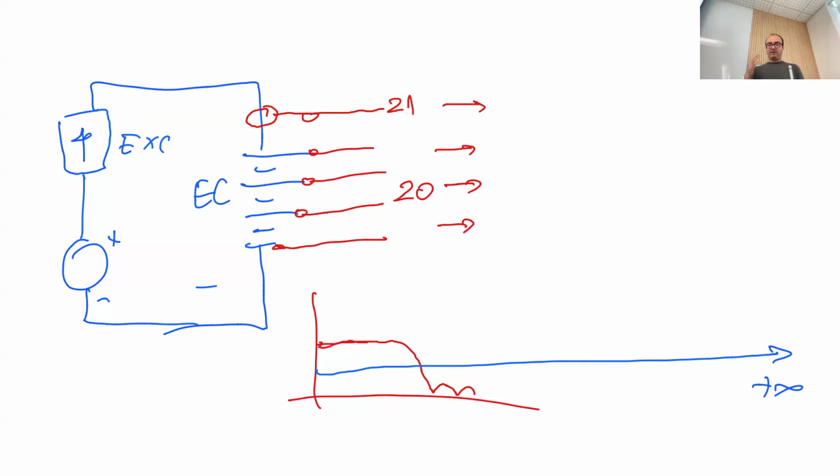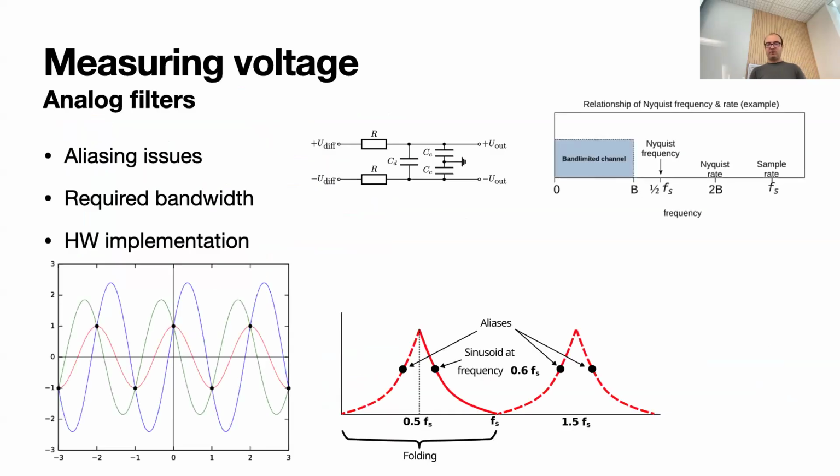So when you sample a signal, what you're actually doing is measuring it in discrete points, and there is this problem of overlap. I don't want to bother you with a Fourier transform. The easiest way to see it is with this graph here. Imagine that we sampled only these points.